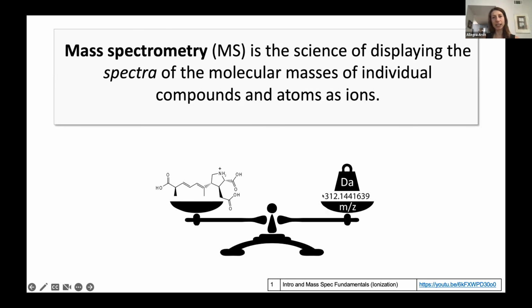It has a mass to charge ratio of 312.1441. Okay, and so from that exact mass, we can also understand molecular formula, etc. And so to learn more about the fundamentals of mass spec, I direct you to YouTube, since we did a whole lecture on this last quarter.